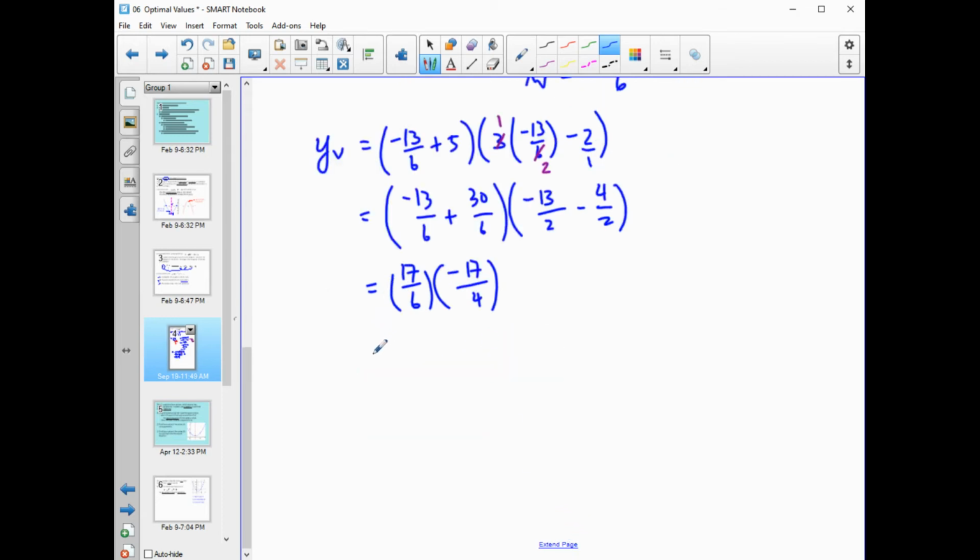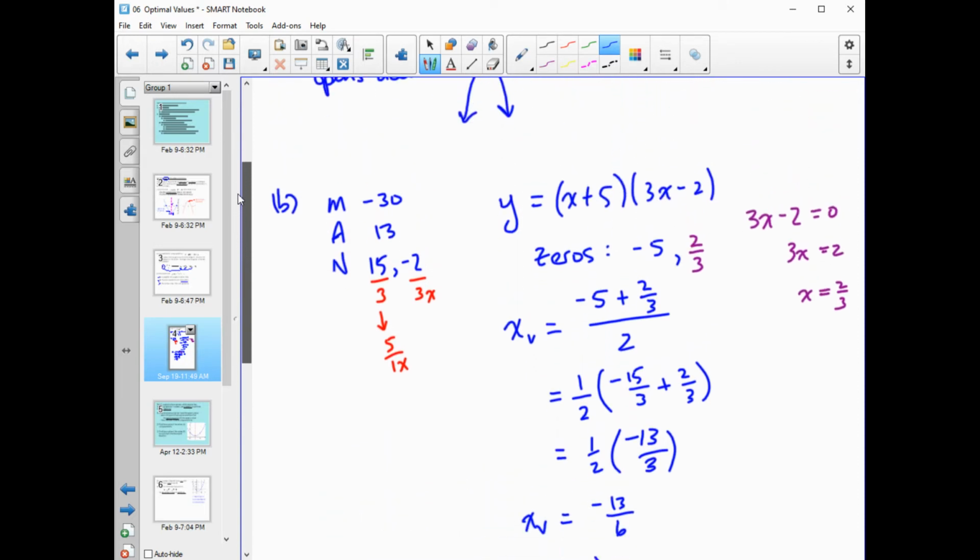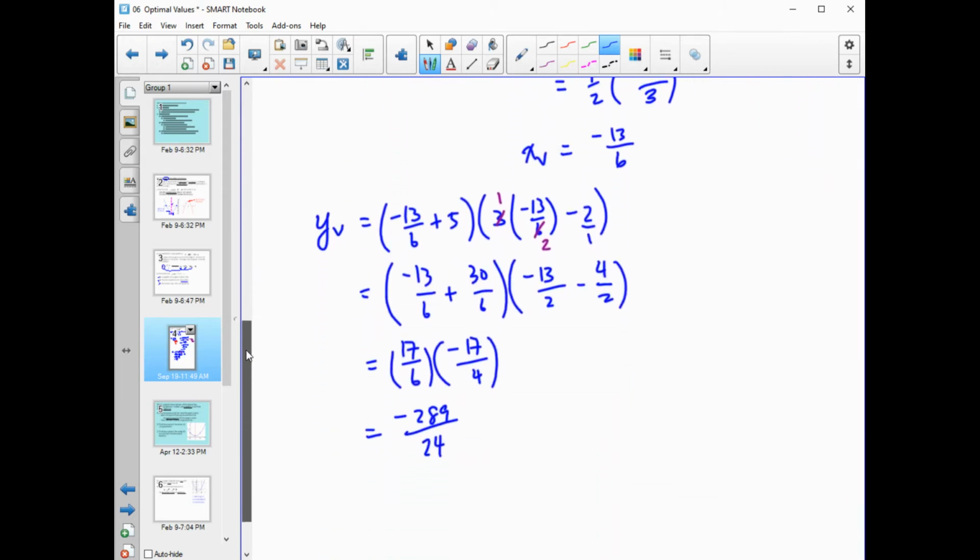And now I end up with my final little bit of arithmetic to do here. I've kind of, 17 times 17, let's see. I believe that's going to be negative 289 over 4 times 6 is 24. So this is not trivial just from a fractional arithmetic point of view, but you need to be prepared for this.